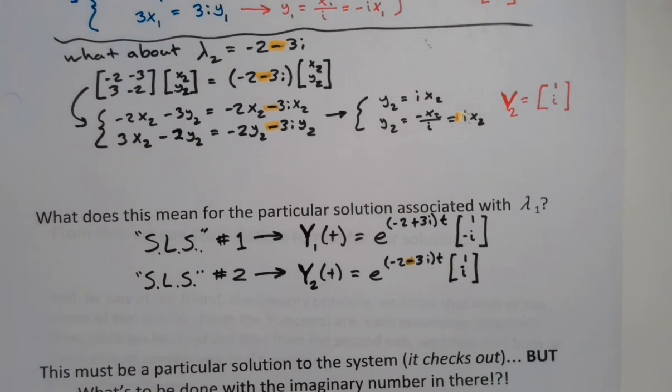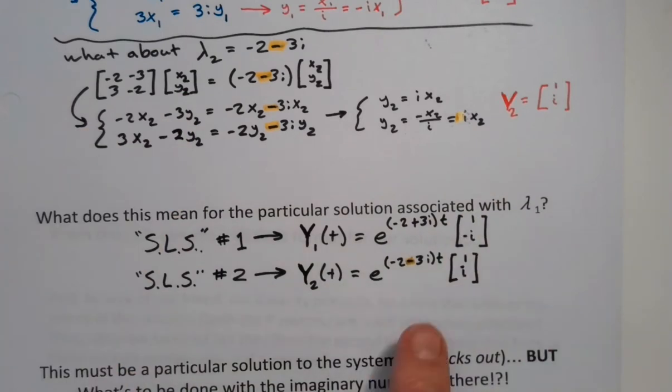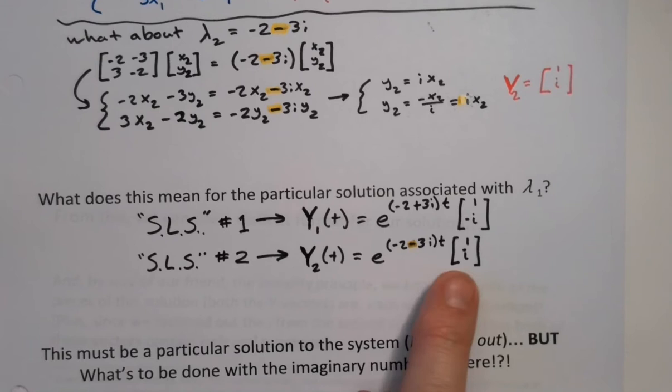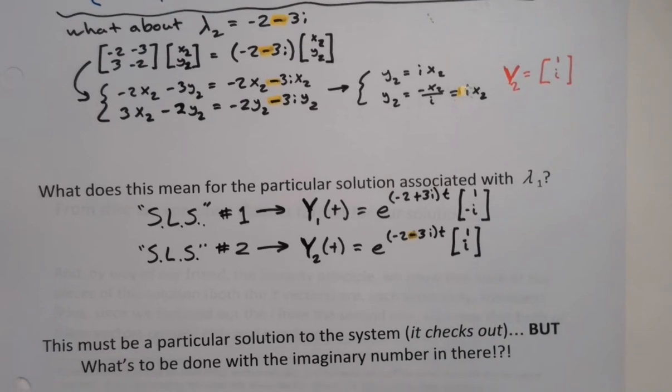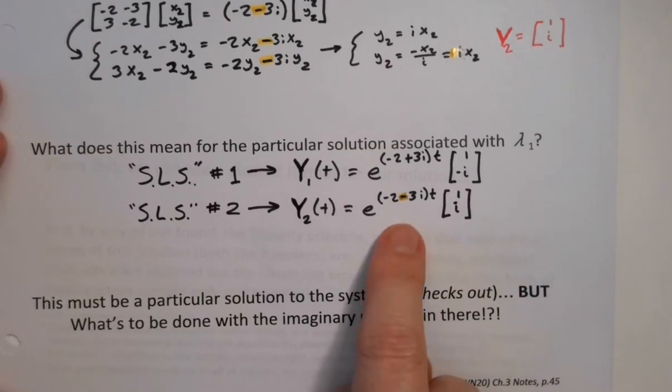So these are quote-unquote straight line solutions, but they're kind of meaningless to us on the xy plane because the xy plane is real numbers, and these are not real numbers, right? These are complex numbers with imaginary parts. So there must be some way of rewriting the solution, because these actually do check out.